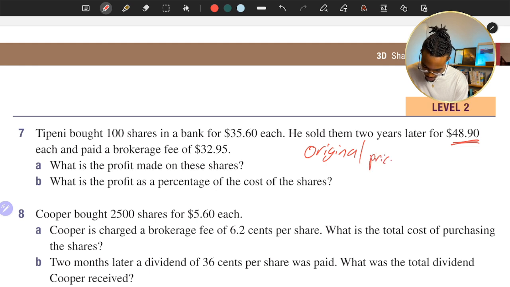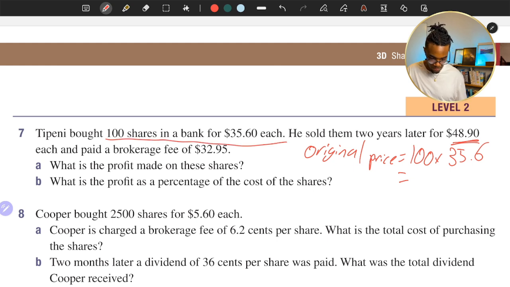Original price equals 100 times 35.6, which gives us $3,560. He sold them later for $48.90 each and paid a brokerage fee of $32.95.